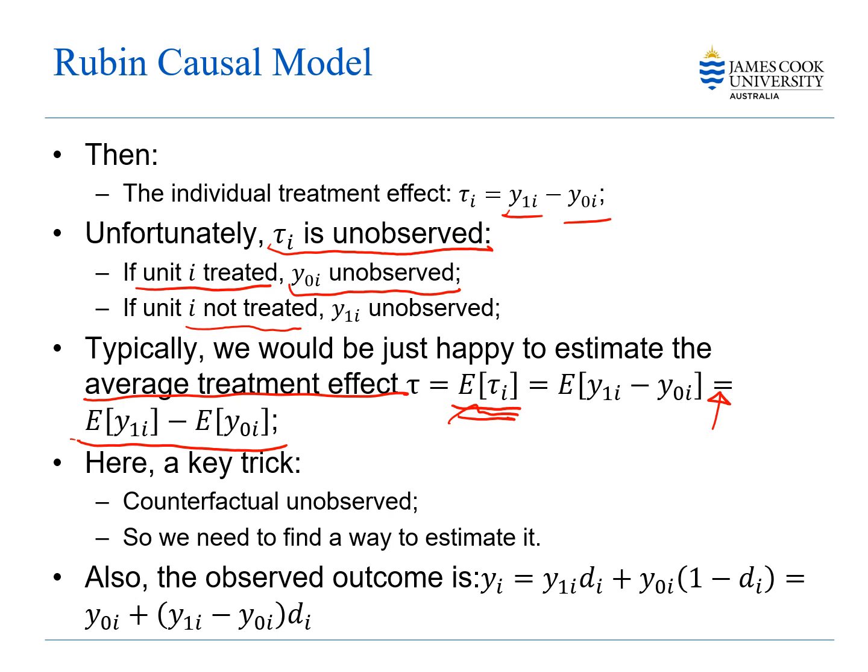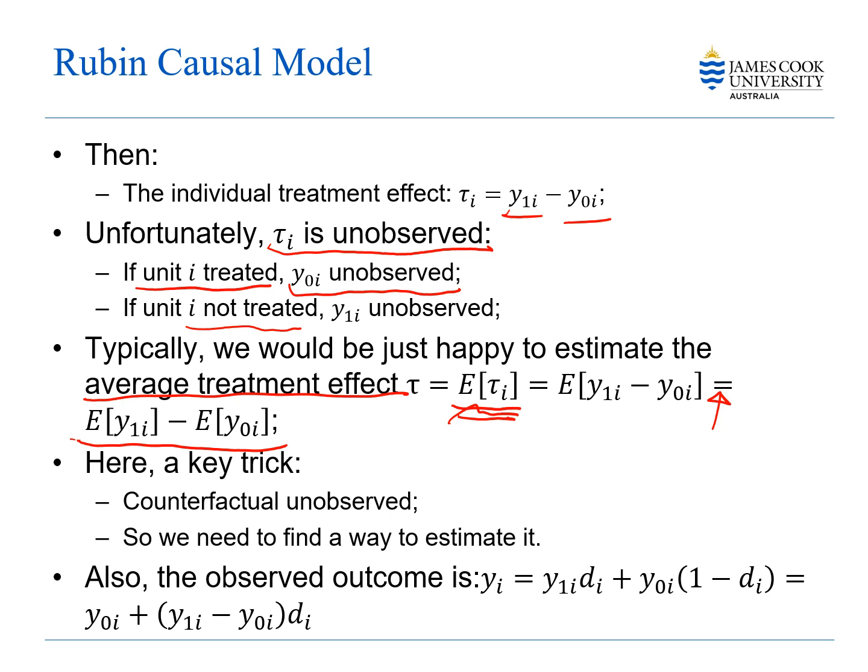So we are kind of in a dilemma. If a unit is treated, we don't observe the untreated potential outcome. If instead a unit is untreated, we don't observe the potential outcome of treated. So the counterfactual is always unobserved.